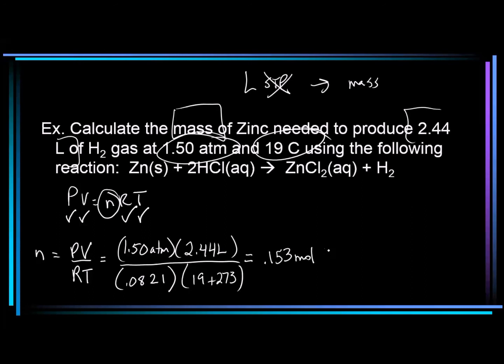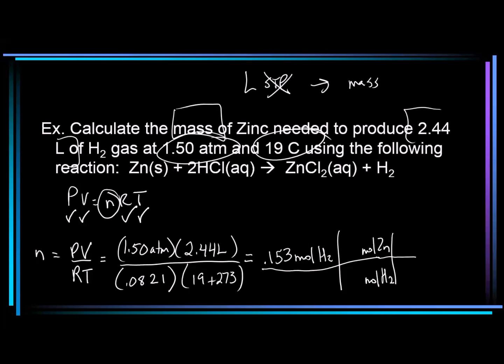Moles of hydrogen gas. Now it's like being already 1/3 of the way into the train track. So we need to convert to grams of zinc. So we're going to have to travel from hydrogen land to zinc land.